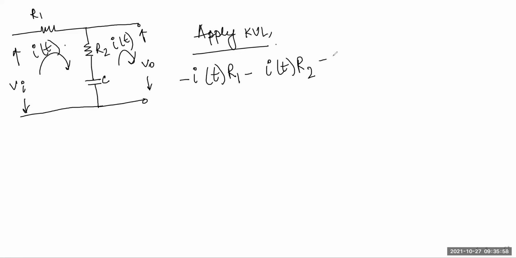The rules we follow in circuit theory are what KVL depends on. So this is my equation for VI(t). Now V0(t), I'm doing later on.